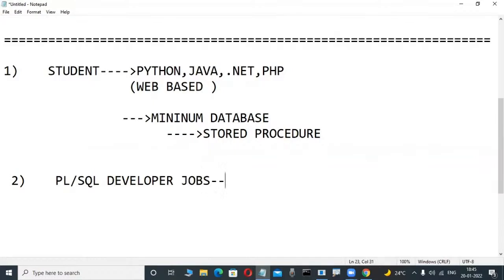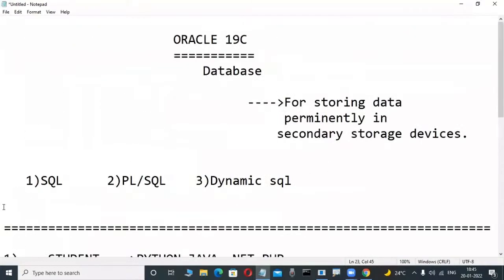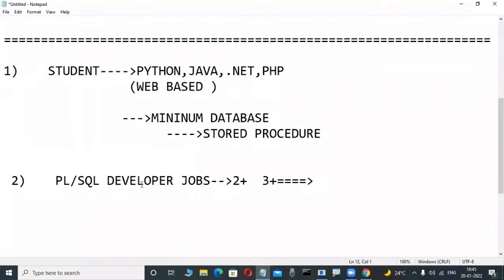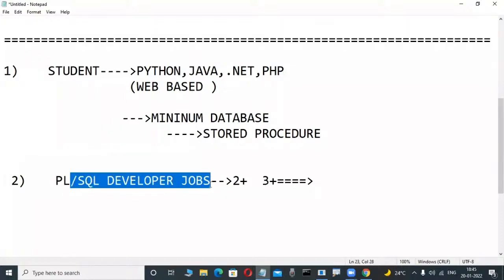Maybe 2 plus 3 plus years, some gap is there, okay. Those persons are learning this course only for PLSQL developer purposes. So many fellows are learning this course from me. Actually I'm a senior PLSQL developer, that's why I have very in-depth knowledge, and I'm telling only about PLSQL.